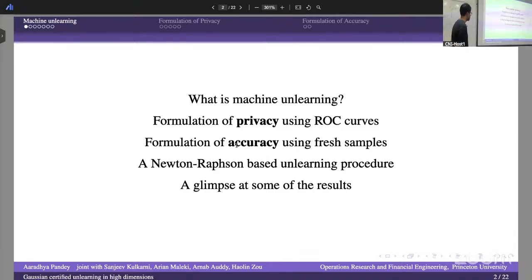These are the 2 things that we really want out of our unlearning algorithm, similar to some kind of demands that you have for a learning algorithm. Okay, and then we'll describe the very specific unlearning procedure that we have, and we will talk about some of the results. So that's essentially the plan.